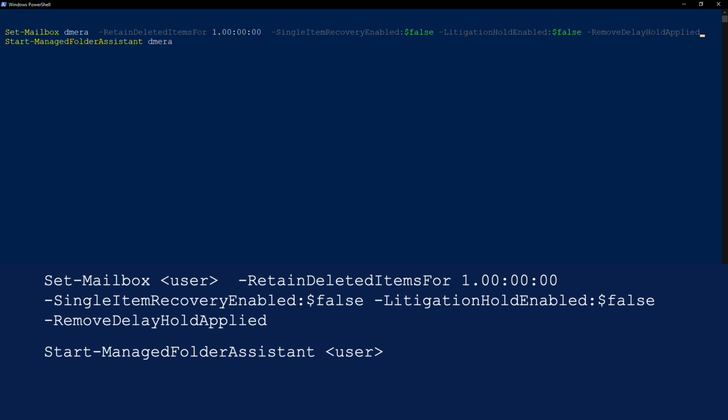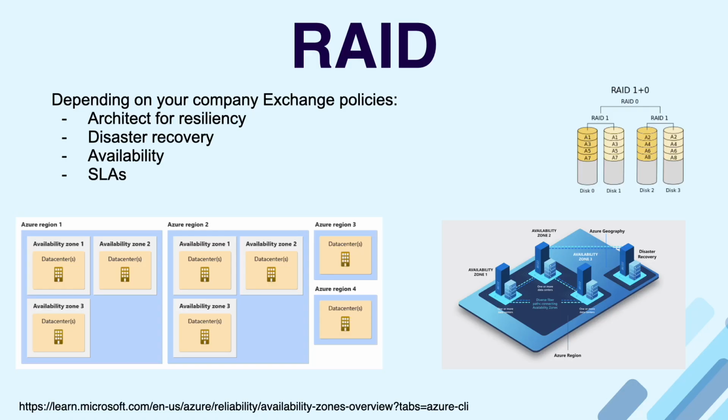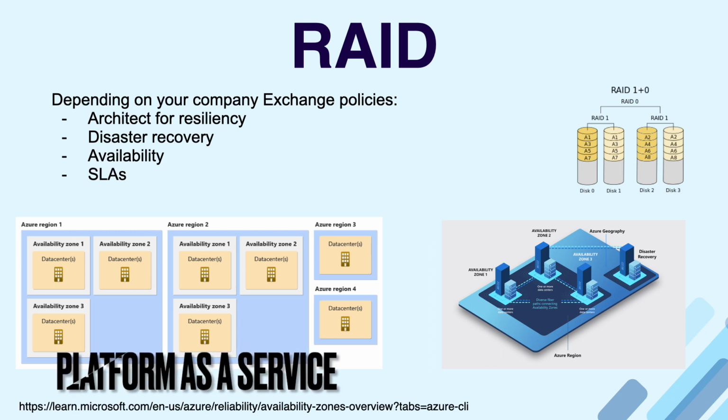So why is it taking so long, you ask? Well, this will depend on your Exchange policies and how your Exchange server is set up for your organization. Because of service level agreements, sometimes you need to have a backup of your emails in case something goes down. It can be disaster recovery or availability setups in which the Exchange server was created. Remember that Exchange is a website, PaaS, platform as a service.